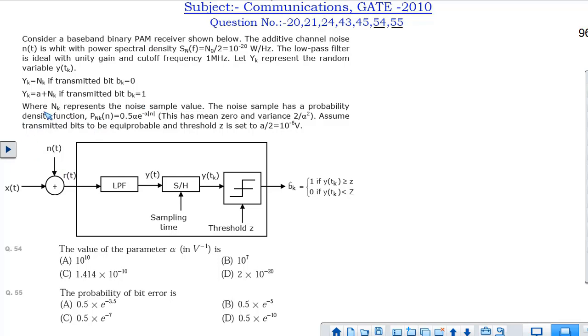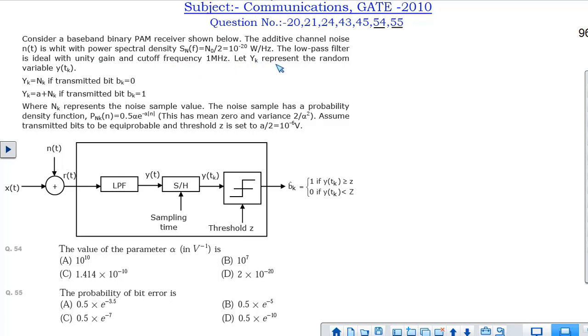That is the power spectral density of the AWGN, additive white Gaussian noise. The low pass filter implemented at the receiver has an ideal characteristic with unit gain and a cutoff frequency of 1 megahertz.